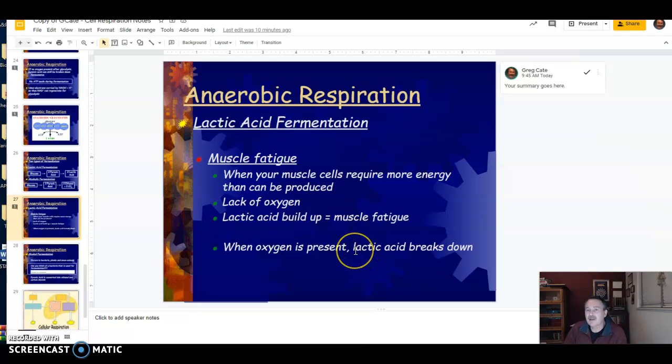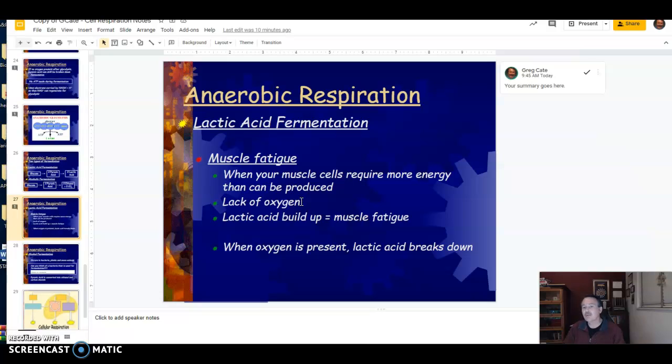Here you have lactic acid fermentation building up, and as it builds up, your muscles are going to get really fatigued. They're going to get achy, tired, with a burning sensation, and this is all because this acid that's on your muscles is basically irritating them a lot. Okay, and there's no oxygen there.